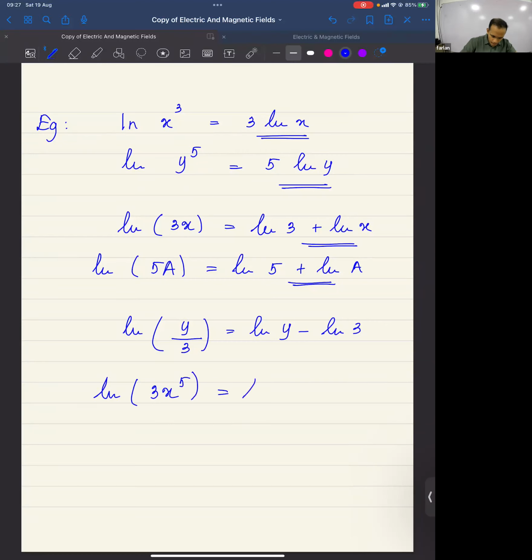You can write it as ln 3 plus ln x to the power 5 in the first stage using the product rule, because 3x to the power 5 means 3 into x to the power 5, right? And then using the power rule here, you can make it 5 ln x. Correct. Take it down with an understanding. Don't just copy.